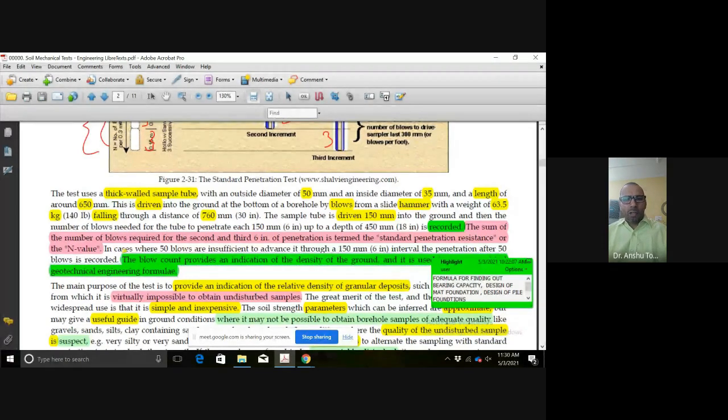While we find out the bearing capacity based upon Terzaghi's formula or based upon other formulas, or we have to design the mat foundation, we have one of the methods, the conventional method, where we use the N values. And if we want to design the pile foundation, then also the number of blow count giving the density of the soil strata is going to be used.